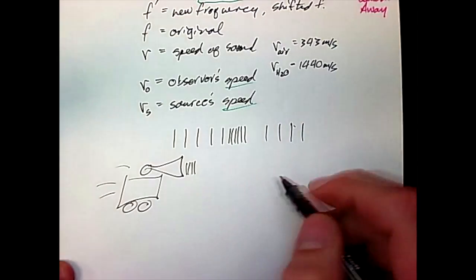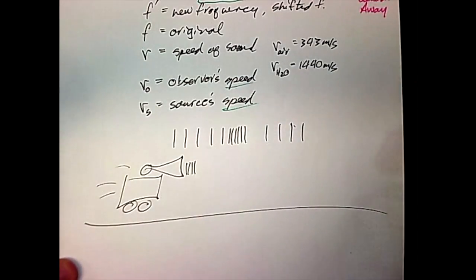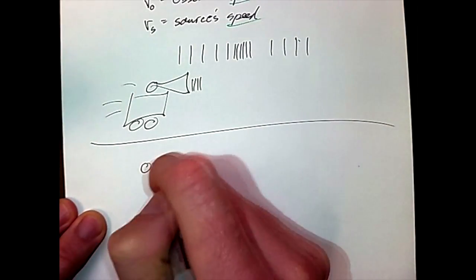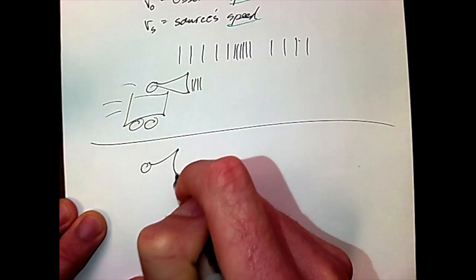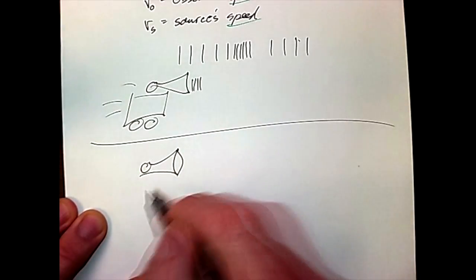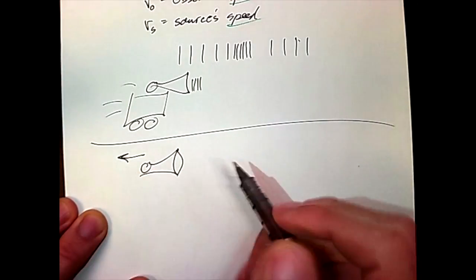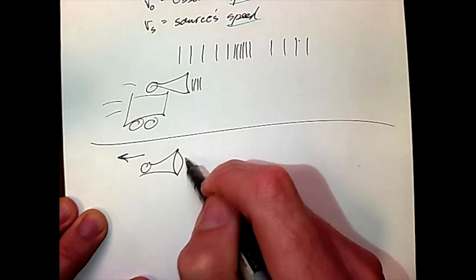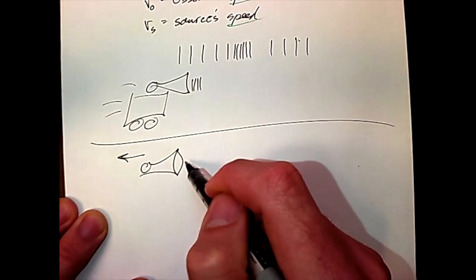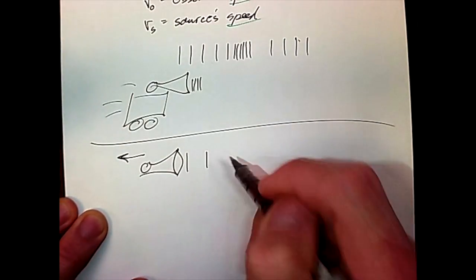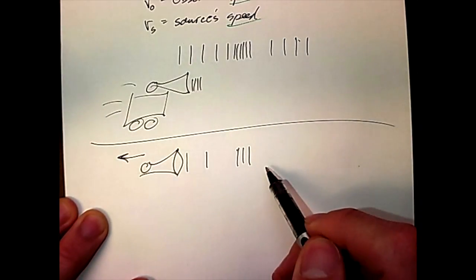Whereas if this were moving in the opposite direction, if the source of the sound, just a horn for exaggerated sake, is moving this direction, then the air waves being created here are going to be separated out further away from their original state back here, as the air is literally pulled away from the sound moving this direction.